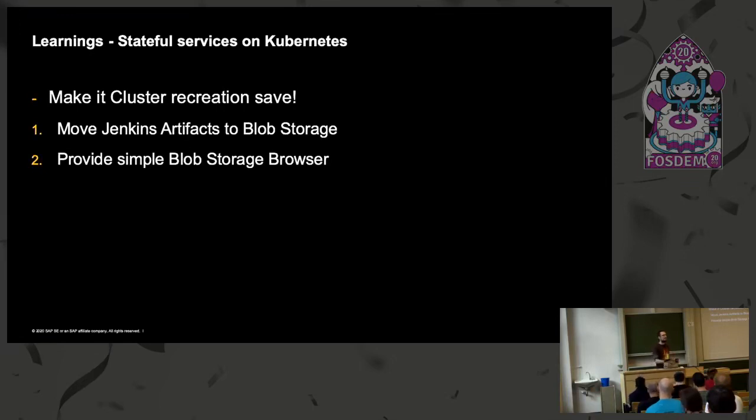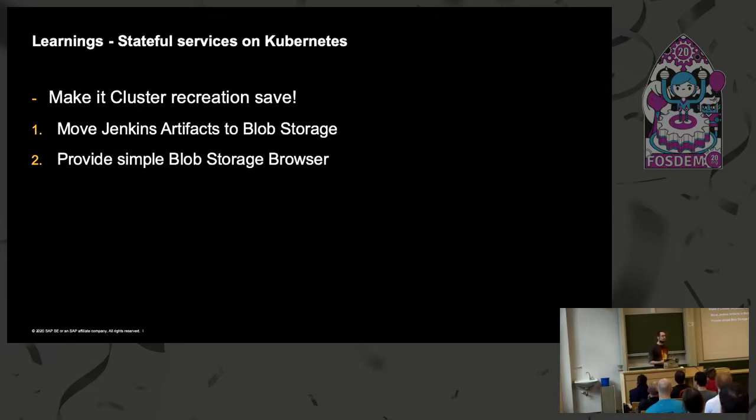Assume that you can get rid of this cluster again. So what we do is we move our Jenkins artifacts to blob storage. Blob storage is independent from our cluster. Everything which is persistent needs to be in Git or in some blob storage. Otherwise, it's not persistent, and we don't assume that it exists. Sometimes you have monitoring, for example. Prometheus only saves it for 24 hours, but our long-term storage with Thanos at the backend pushes it to GCS.